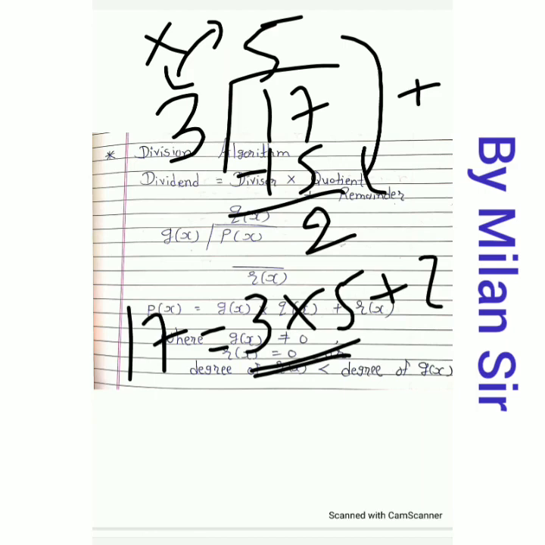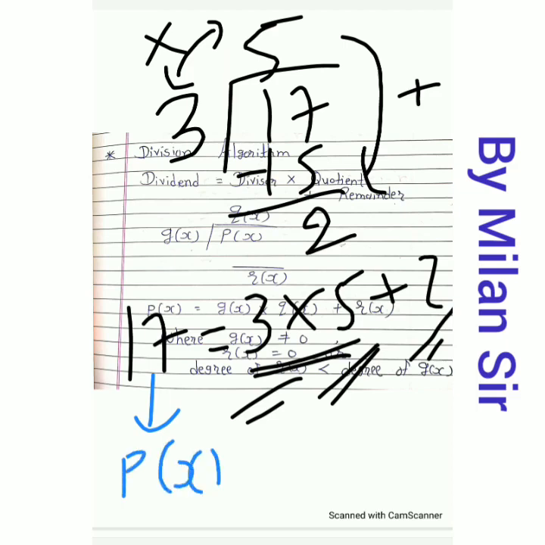So in this way we can get our original number. That means we need to multiply the divisor with the quotient and add the remainder. If we write in terms of polynomial, this is our p of x, the dividend polynomial. This is our divisor, g of x.